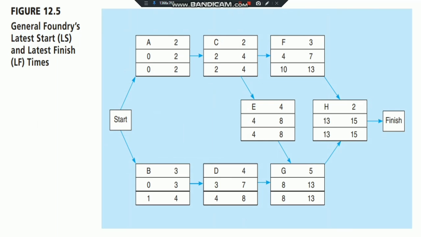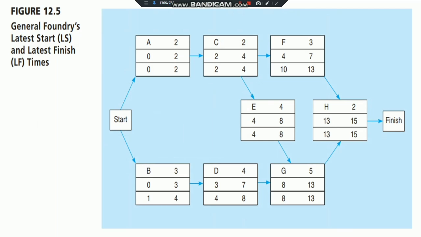As you can see, activity C has two successors, which are activities F and E. Their late start times are 10 and 4 respectively. So we use rule number 2, which is that the latest finish time is equal to the smallest late start of the following activities. Of the two activities, which has the lower late start?